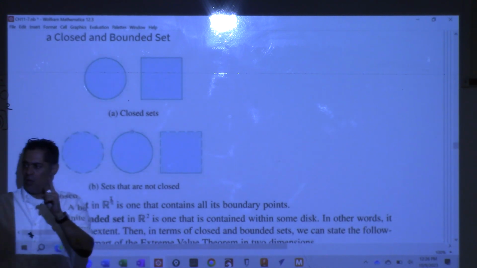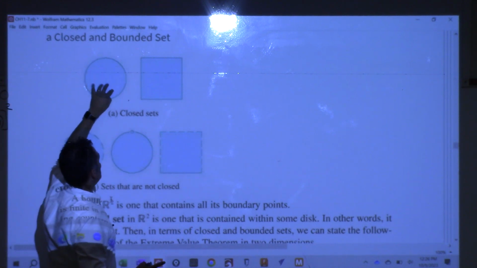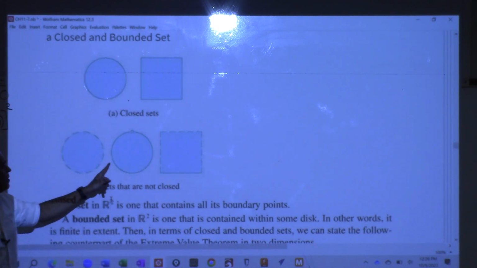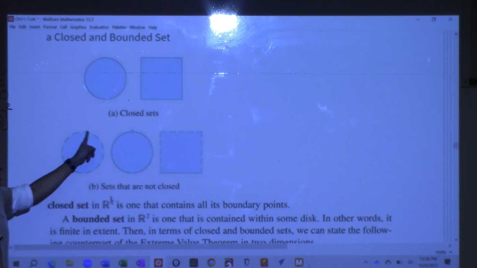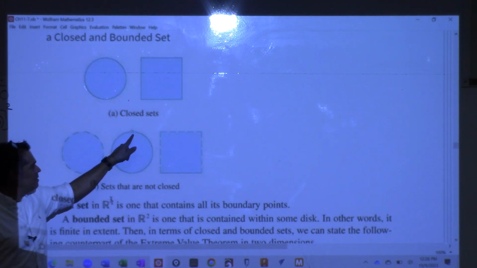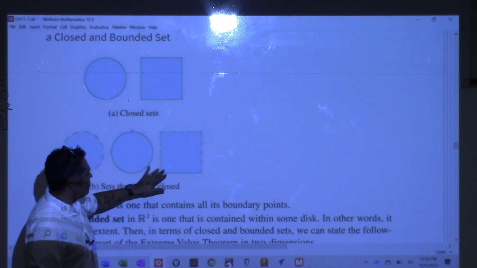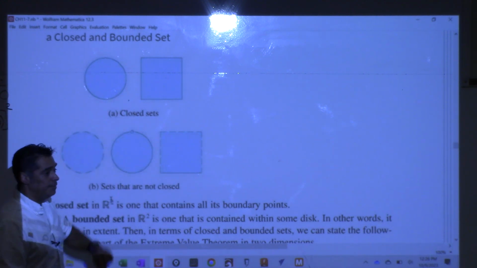Just like on a number line, you needed the 2 endpoints, right? They had to be filled in. Same idea, all the points inside and the boundary. Here are some examples of sets that are not closed. Does not include the boundary. Includes almost the entire boundary, missing 1 point. Here, no boundary, but here, including boundary. These are not closed, those are closed.